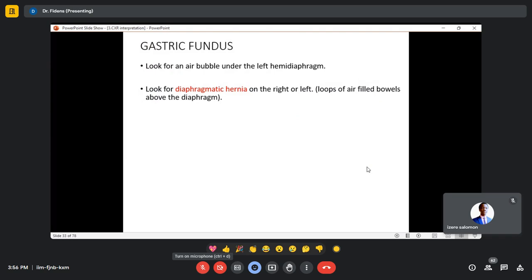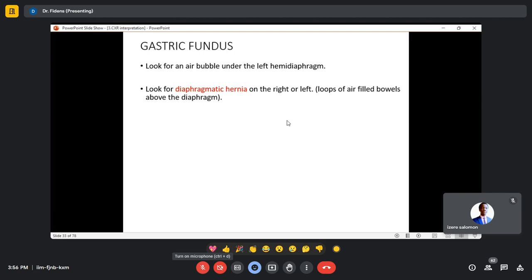So, gastric fundus, I don't know why they mentioned this. Maybe it is just so as not to skip an alphabetical letter, because normally it is not a sign of anything. Gastric fundus is normal anatomy. It should be there if someone is standing up.